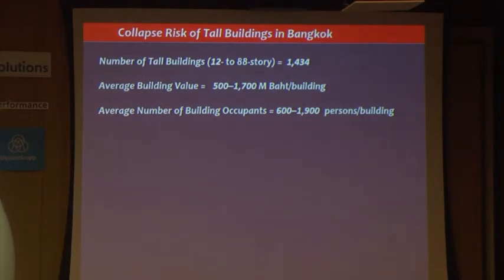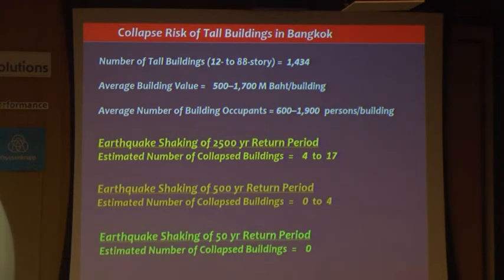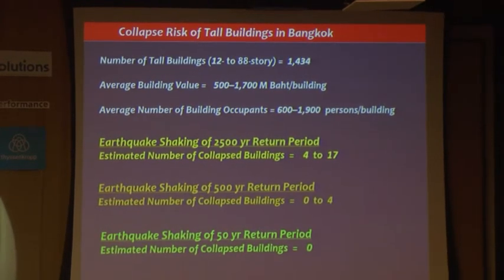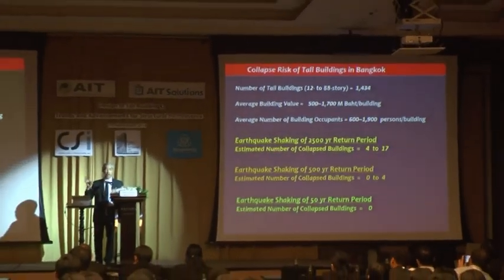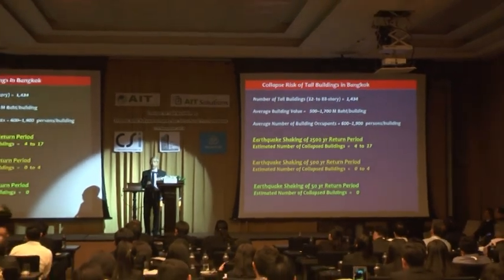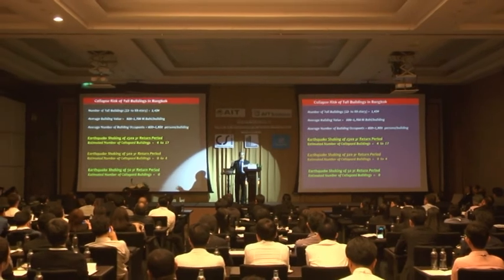In our case of Bangkok, we estimate that for different levels of earthquake, for a 2,500 year return period earthquake, we may have about 4 to 70 building collapses. And each building may have 1,000 people in it. For 500 years, maybe 0 to 4.